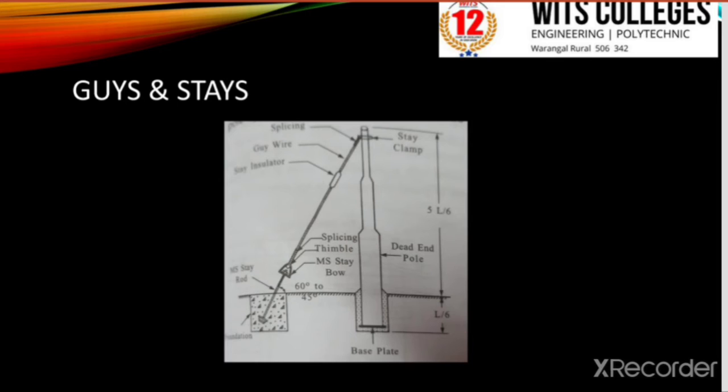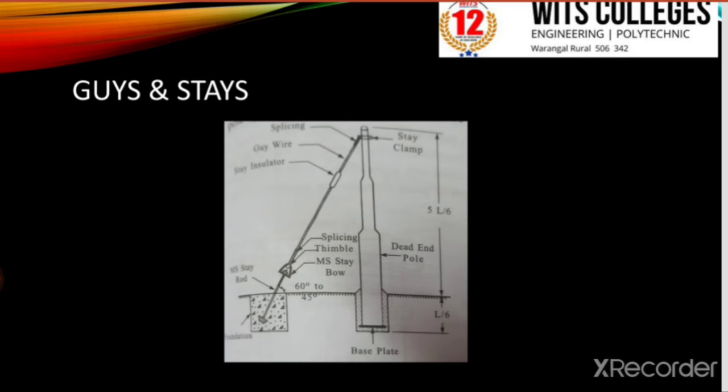The guy wire is fixed to the pole by means of clamps, and then the guy wire is tied to the stay bow. This guy and stay wire is placed at some angle. The minimum angle between pole and stay wire is 30 degrees.